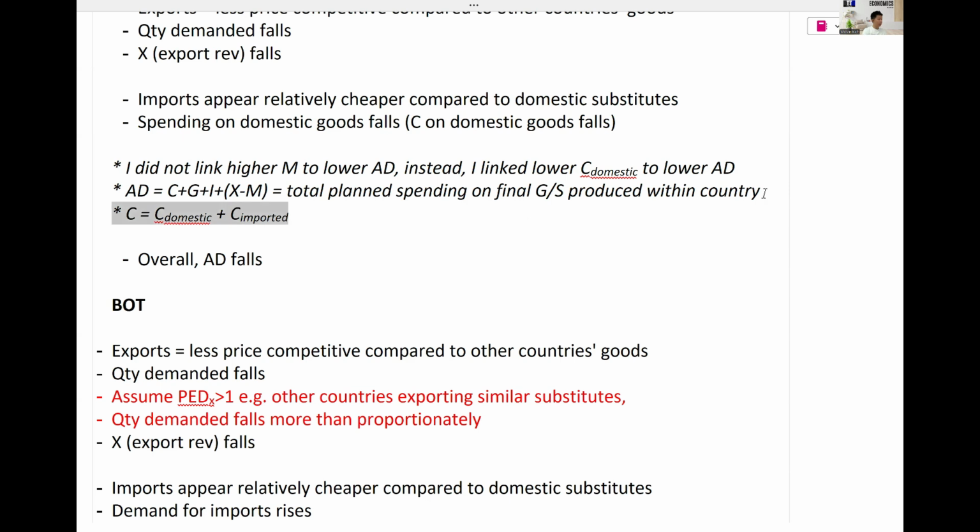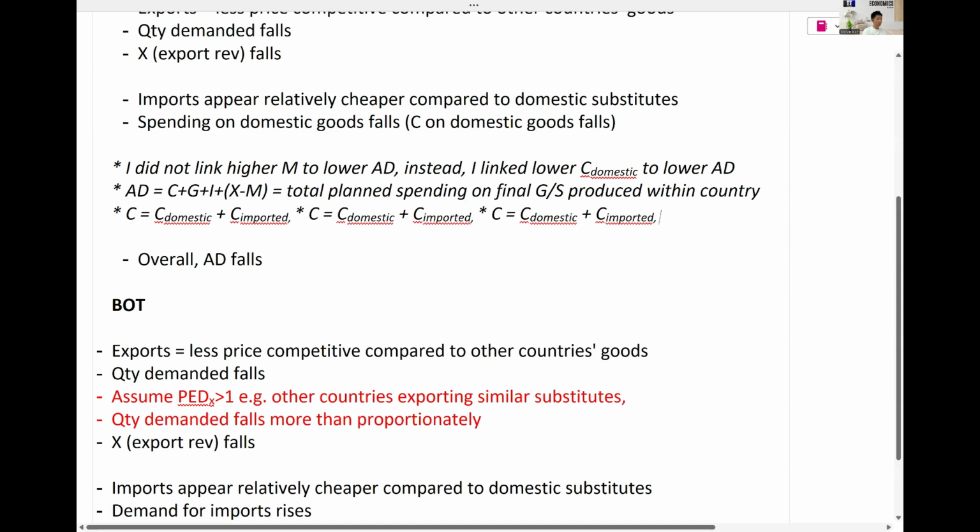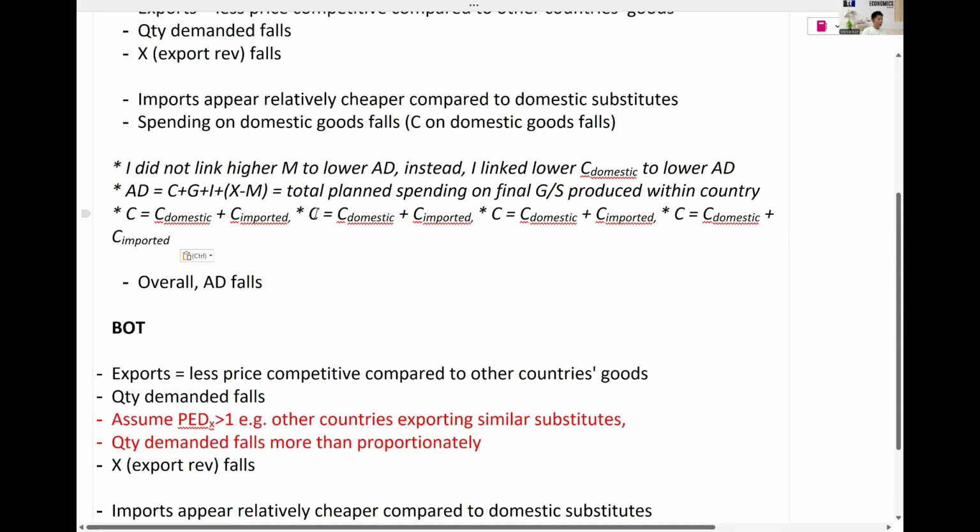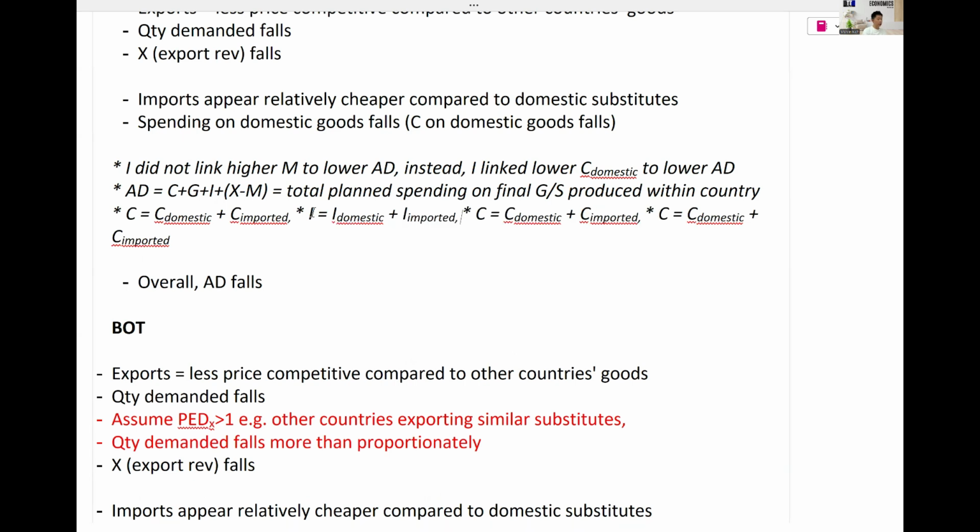Likewise for other things. So I is also spending on domestic and imported goods. G is also spending on domestic and imported goods. Likewise, for the things we export.